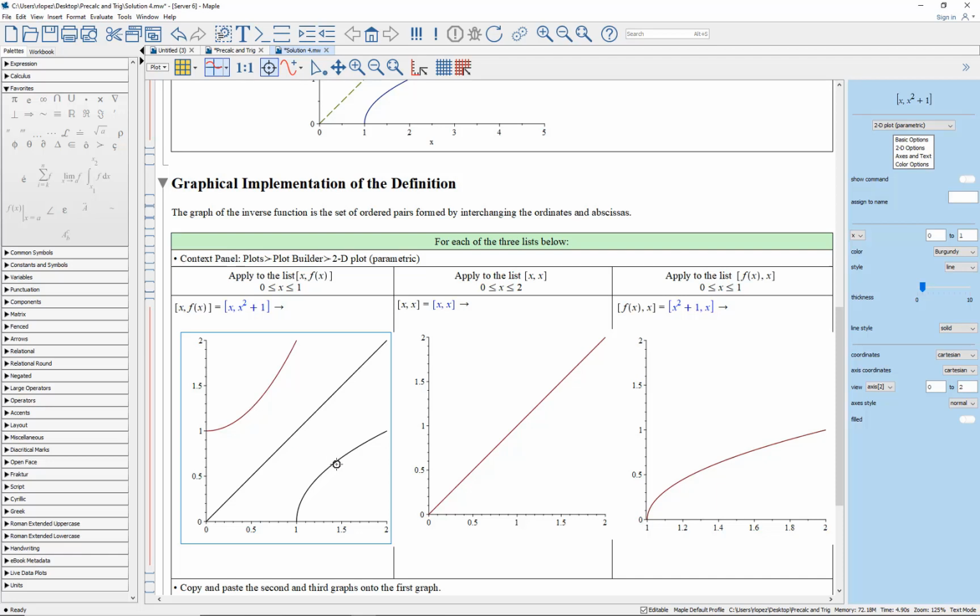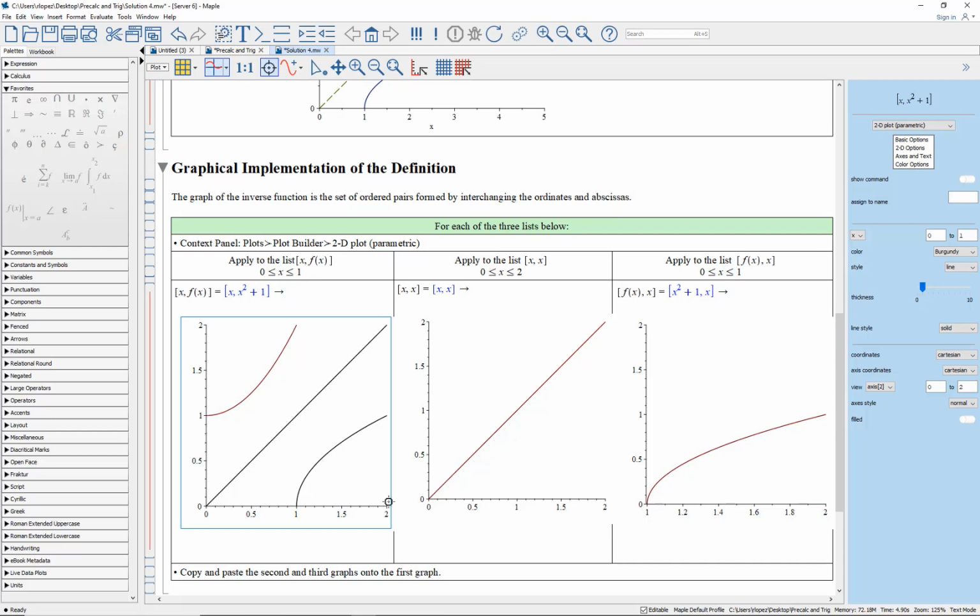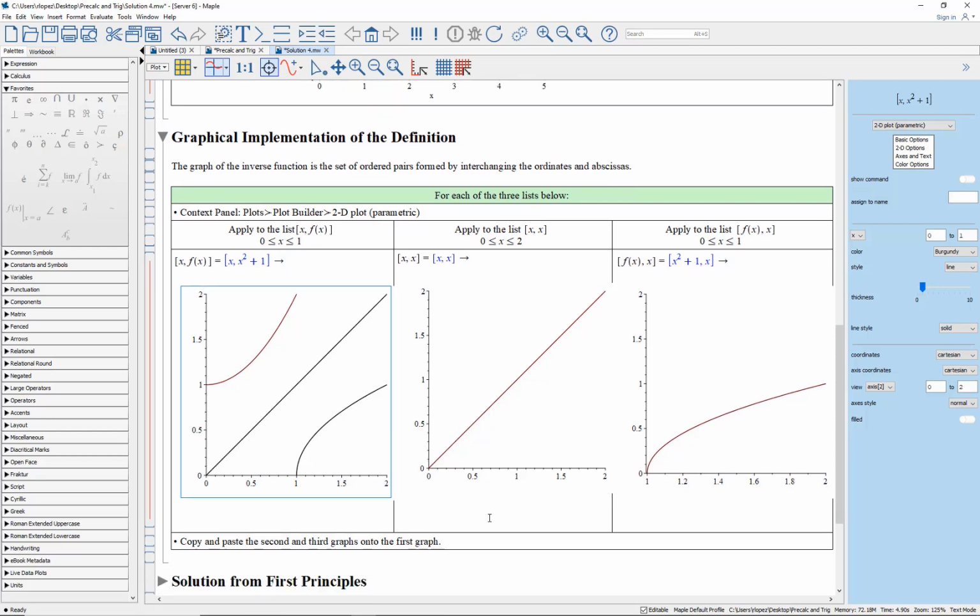This is the inverse in, I guess that's dark blue or black. And this is the 45-degree line. And the inverse is the reflection across the 45-degree line. And so graphically, here is an exploration of what it means to have an inverse function.